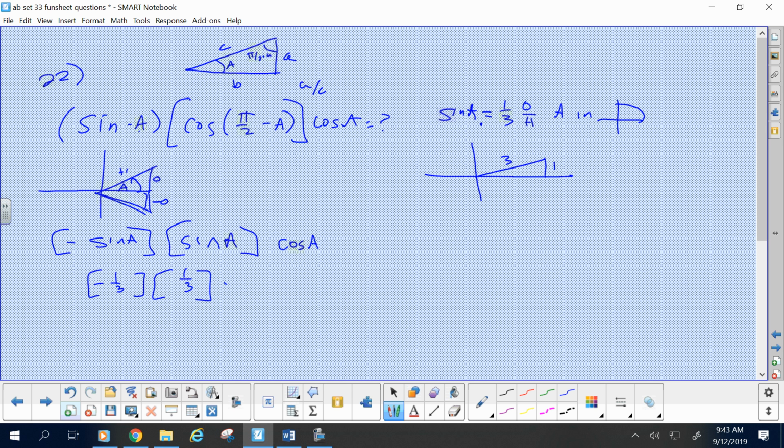Cosine is adjacent over hypotenuse, so the adjacent is root 8. That's the Pythagorean theorem. So what's cosine? Root 8 over 3, whatever that equals. Okay. Okie dokie. We're cool there.